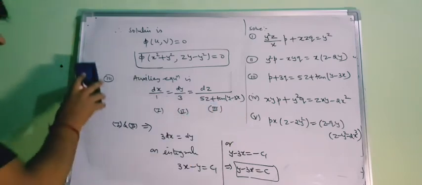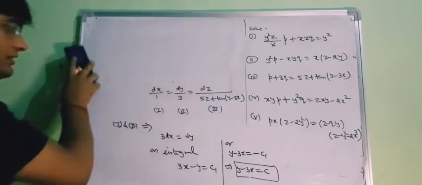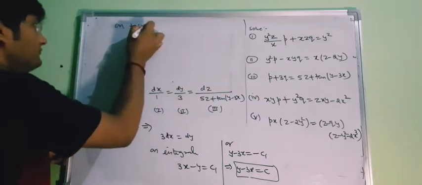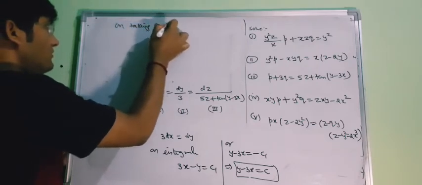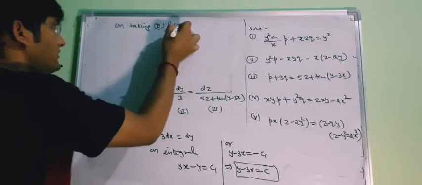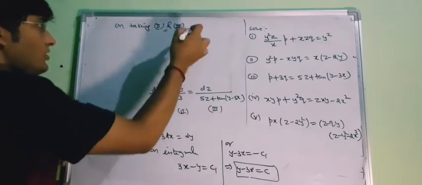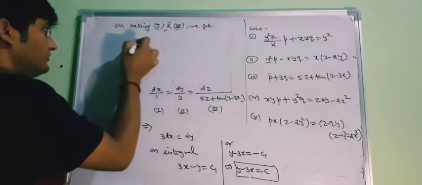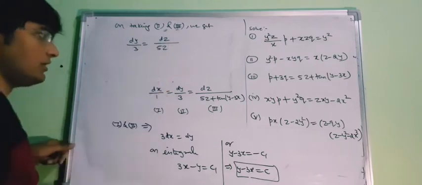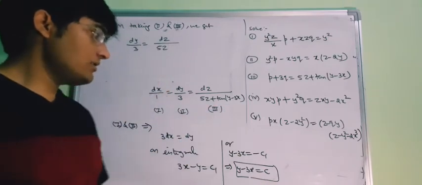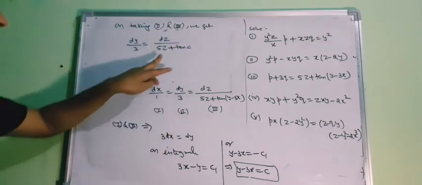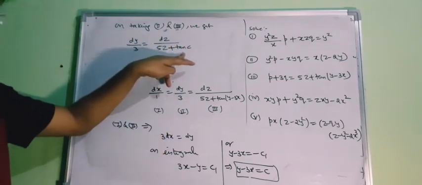Now let us take term number 2 and 3. We get dy upon 3 equal to dz upon 5z plus 10c, since y minus 3x is c. Now here you can see that this is a function of z because 10c will be constant.